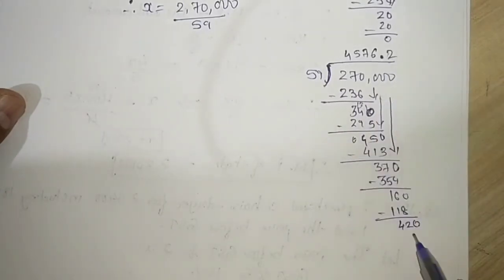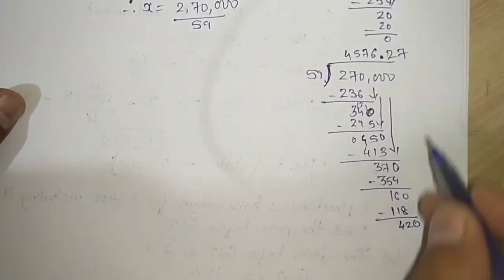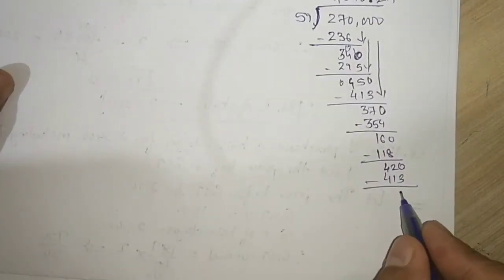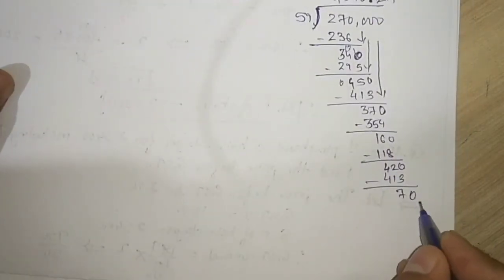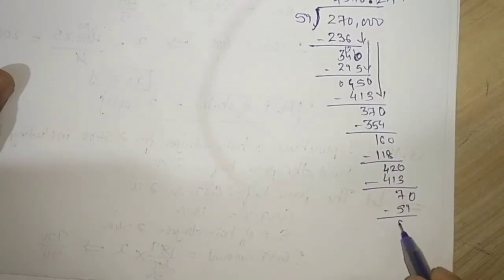Point is there, so I will have 420, and 59 7s is 413. So I will get 7s, 413. Again 420 minus 413 is 7. I will get 70. 59 1s will give me 59.